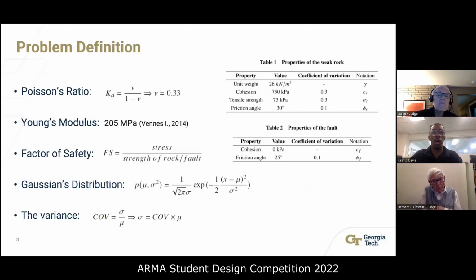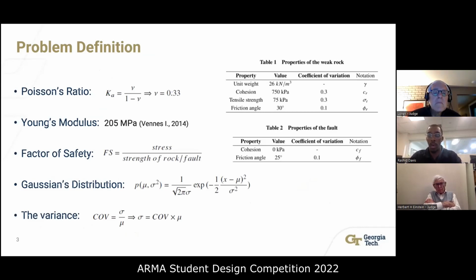Some of the properties of the weak rock and the fault are given in table 1. Based on the given properties, other properties can also be calculated. We were given a coefficient of lateral stress of 0.5, and the Poisson ratio was 0.33, which we used.